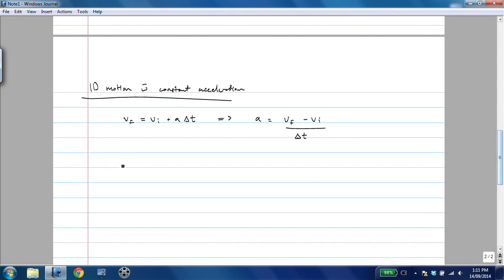So another equation, so we can have x final equals where you were initially, xi, plus the initial speed times delta t, plus 1/2 a delta t squared.